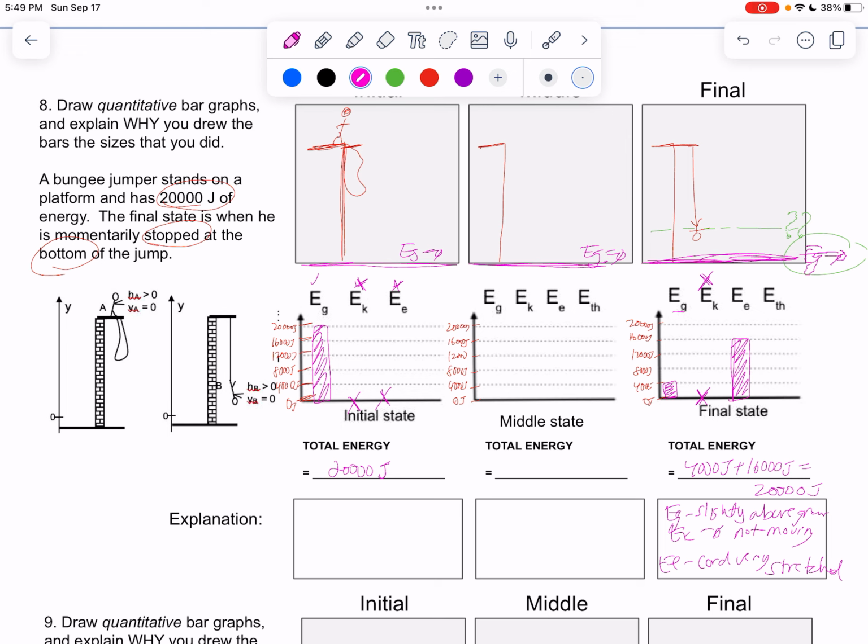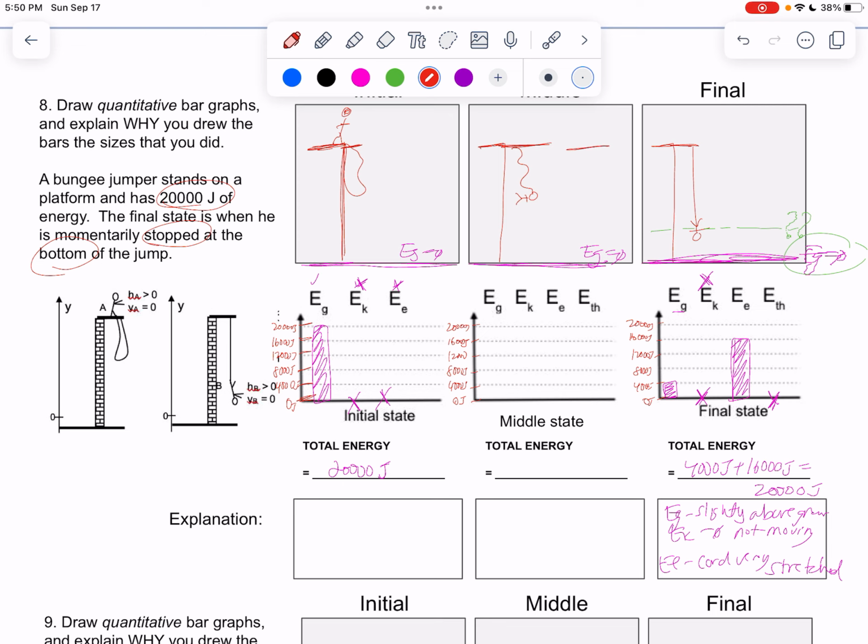And I'm not going to worry about any air friction or any of that. Whenever possible, we're going to just ignore that, and it doesn't say I have to include it. All right, so now I just have to worry about the middle state, and I have to figure out where I want to draw it. You could draw it in any number of places. You could draw it where the cord is still slack, because there's going to be some time that someone's falling before the cord actually engages.